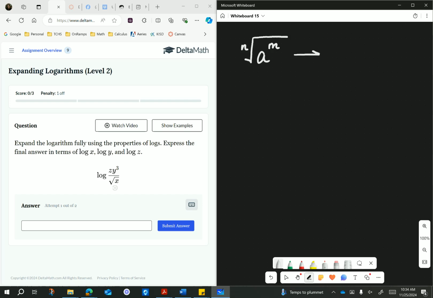We can rewrite this as a to a fraction exponent, a rational exponent: the m, which is the exponent inside of the radical, over the index value. This again, log of z y to the third power over the square root of x.